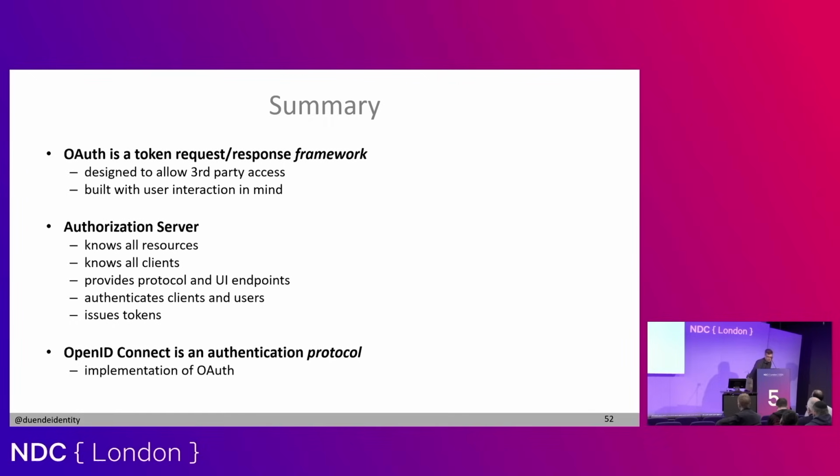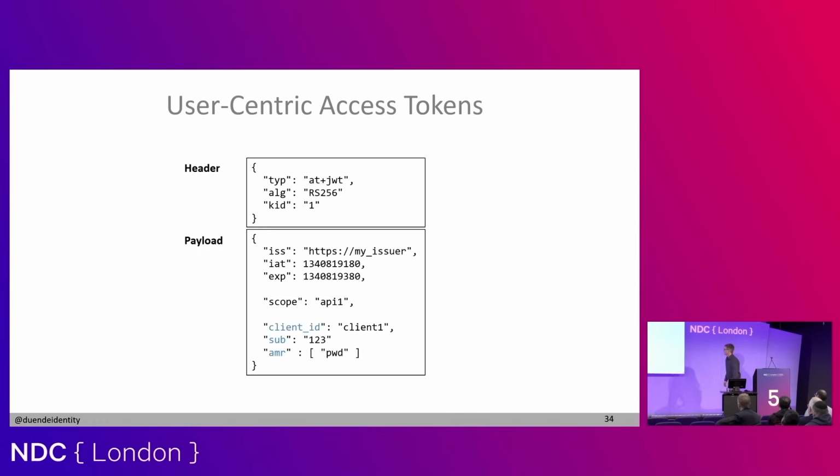Authenticating clients and users is also an important point: a user-centric access token, let's jump back to that, we have a few more minutes. The user-centric access token actually contains both the client ID and the subject ID of the user. So this token proves two identities. It proves who the user is, but also what client is calling.